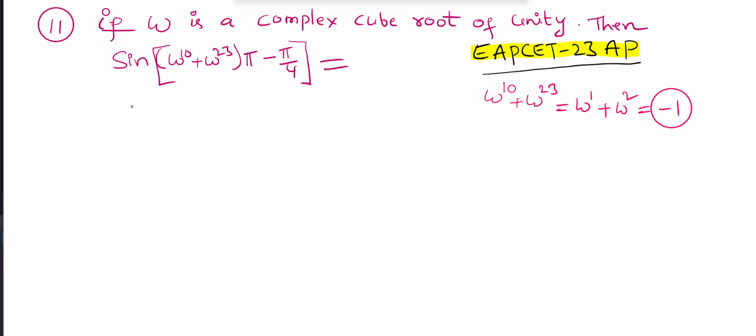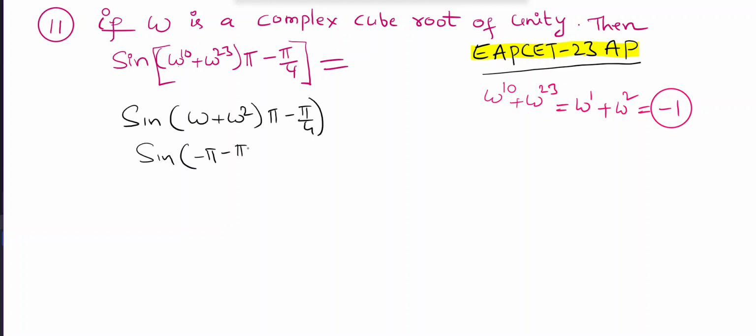Substituting this value in this, this is sine of (omega plus omega square) into pi minus pi by 4. This value is minus 1. This is sine of minus pi by 4. Take minus common.